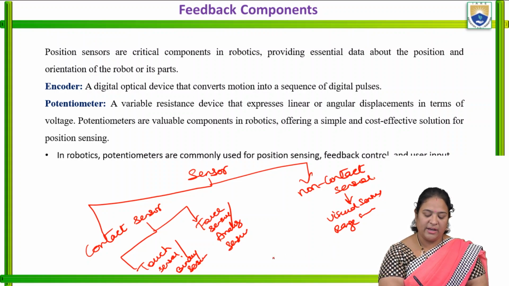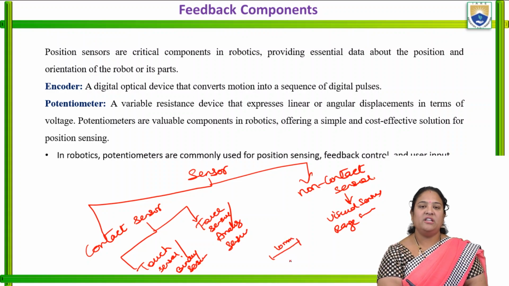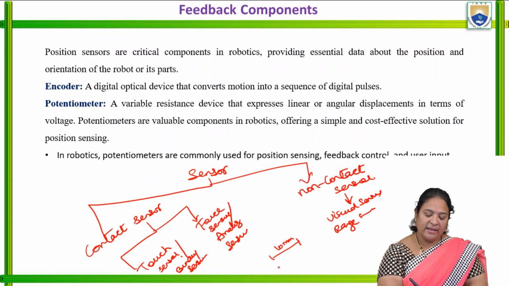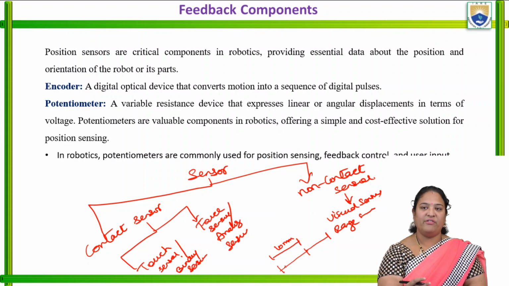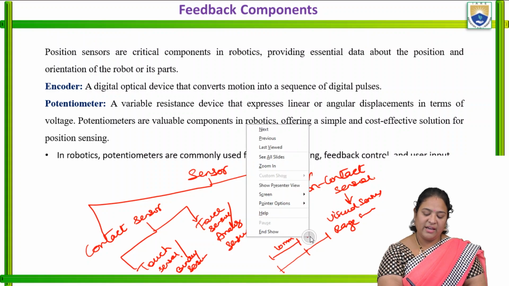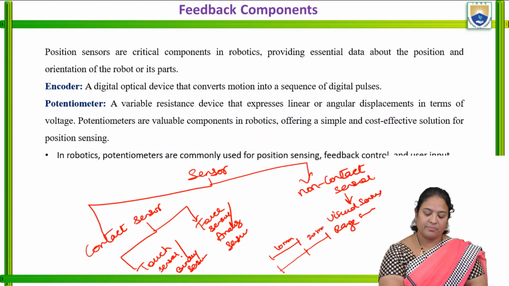For example, we need to draw a line of 10 mm. We are drawing a line of 10 mm. And in the next step, they ask us to draw a line of 20 mm. So initially we have drawn the 10 mm, and with the visual sense and the range sense, by extending this line by another 10 mm, we can draw a 20 mm line.